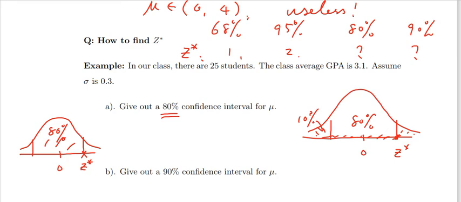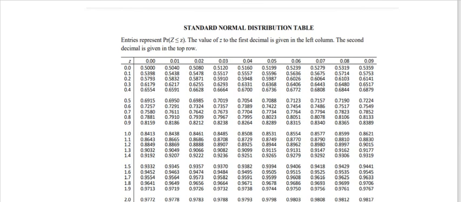So all the way down should be 90%. So we need to check from the table the cutoff point such that this is .9000. Okay, so let's check the table and find .9000. So where's .9000? Okay, we find .9000 is here.